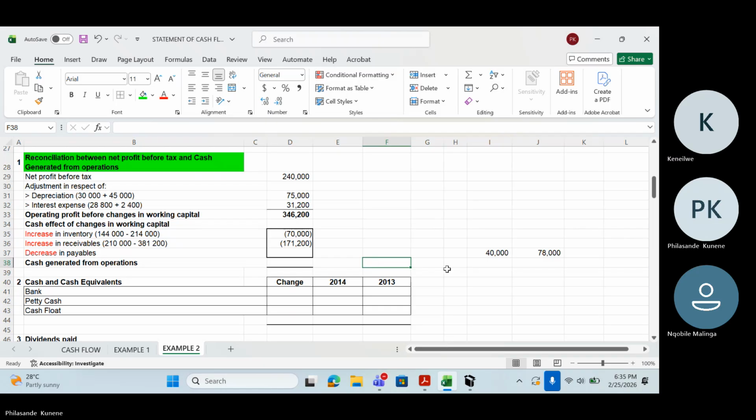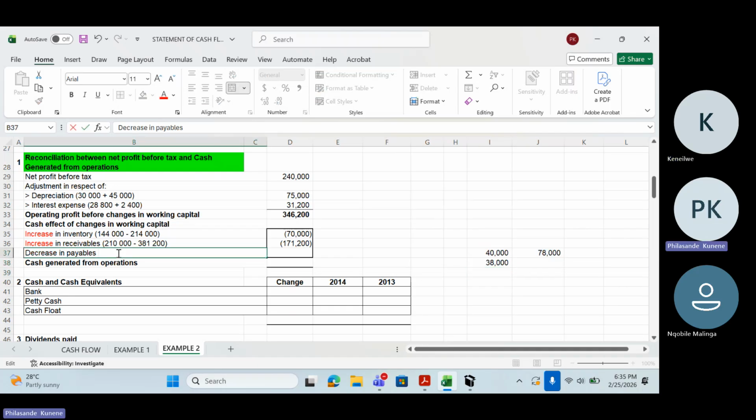Outflow of cash. Why outflow of cash? Because we're paying what we owe. Exactly, because we paid the people that we owe, so now we're owing less because we paid some of the amounts that we were owing in the previous year.